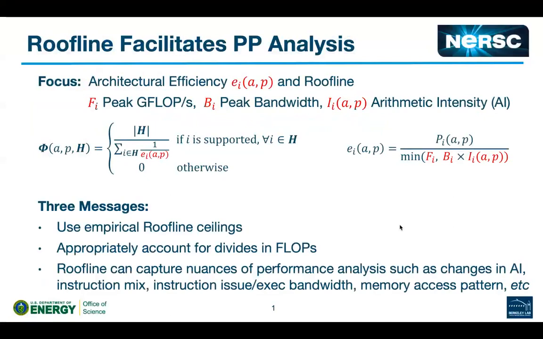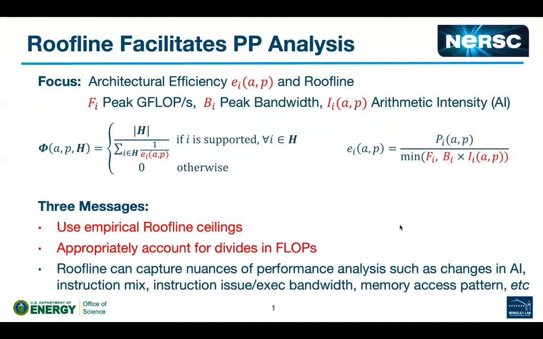So there are roughly 3 messages I want to get across in the next 20 minutes or so. So first is to use empirical ceilings in the Roofline analysis. Second is to account for complex instructions like divides, exponentials, and such in the flops counting. And I'm going to show you what the difference is if you don't count it appropriately.